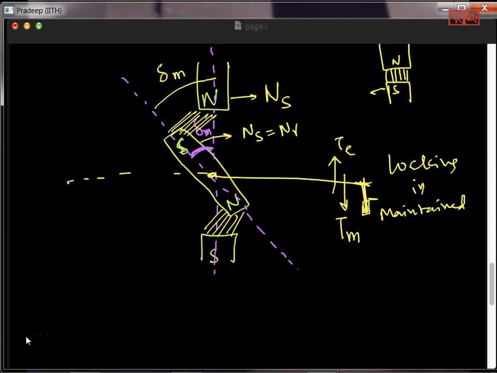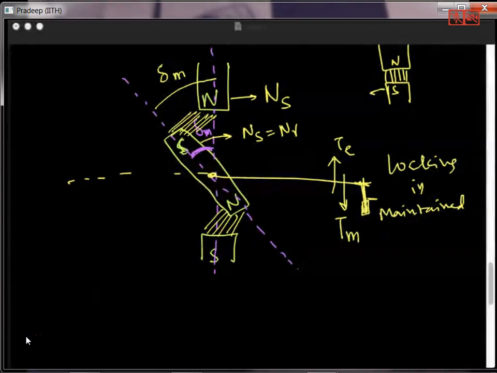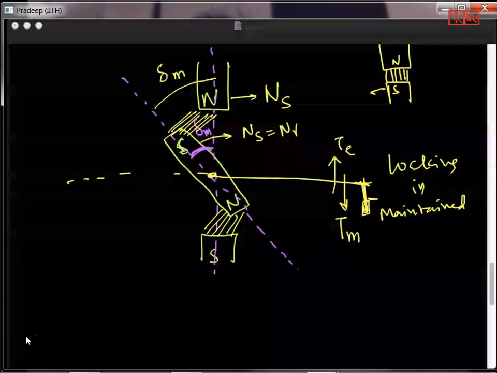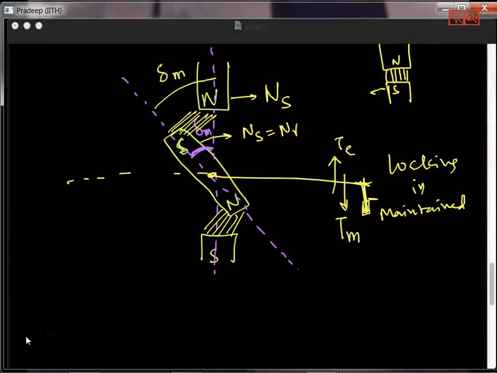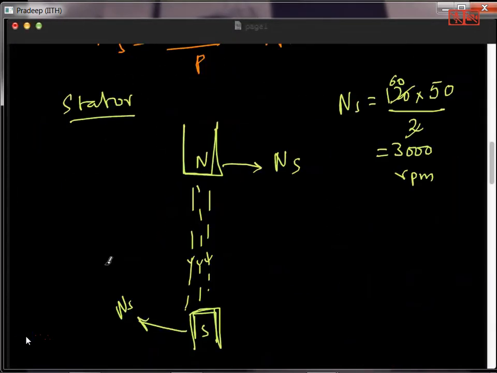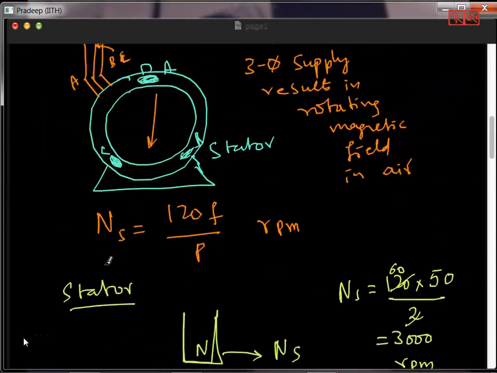So far, do you have any doubts about whatever I explained, the working principle of the machine and all? Importance of the angle, that is the load angle.